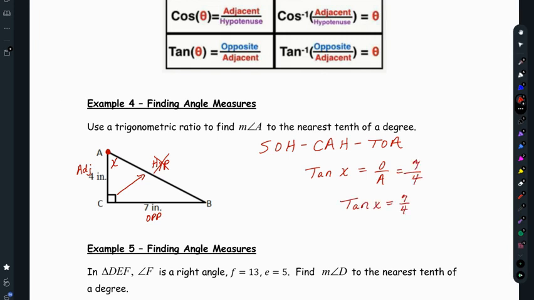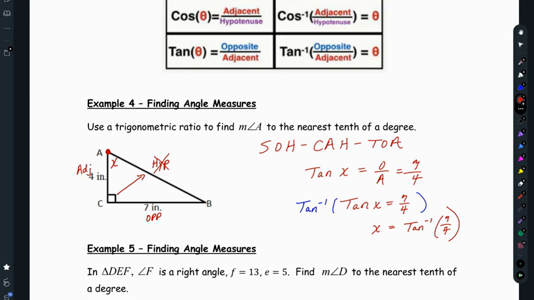Now I need to get X all by itself. So like I said, the way I would do that is I'm going to take the inverse tangent of both sides. I'm going to use the inverse trig function. When I take the inverse tangent of tangent, on the left side I just have X. On the right side, I have inverse tangent of 7 over 4.